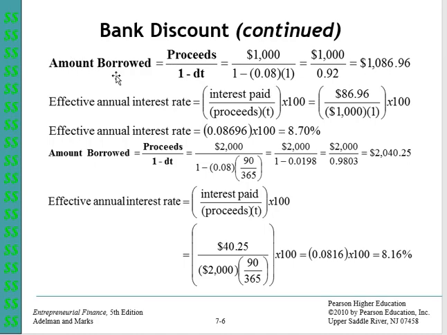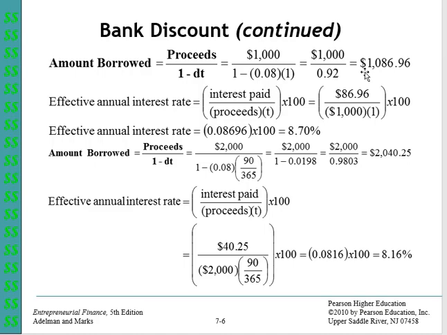So let's see how this might work if you're calculating effective interest rates. The amount that you borrowed is the proceeds divided by 1 minus d times t. And this basically tells us the amount that I need to borrow to get a specific amount. So I need $1,000. The discount rate is 8% for 1 year. So how much will I actually have to borrow? In this case, $1,000 is divided by 0.92.